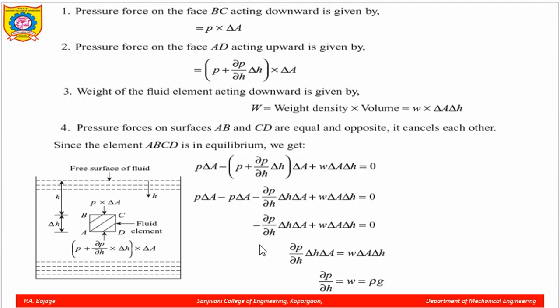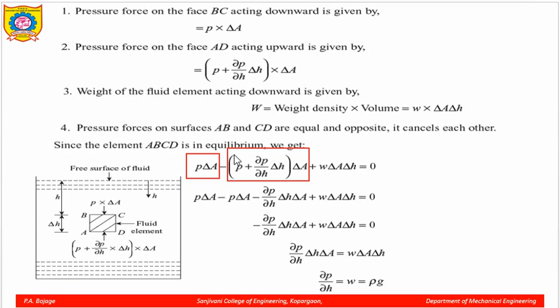Now, P into delta A is the force acting in the downward direction, and the force acting in the upward direction is P plus delta P upon delta H, multiplied by delta H into delta A, which is the opposing pressure on the face BC.